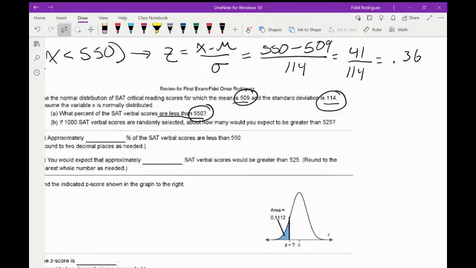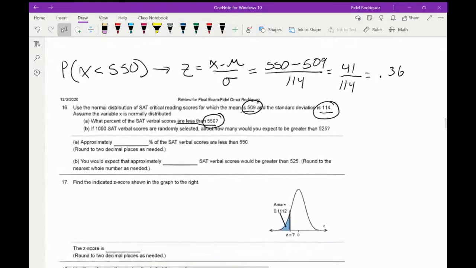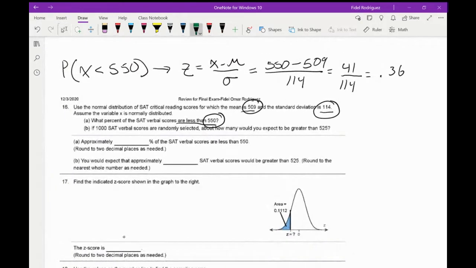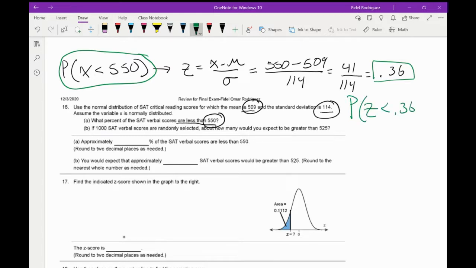The next part I'm going to do is, since we were looking for the probability that X was less than 550, and we converted this to a z-score, that's saying the same thing as the probability that Z is less than 0.36, okay? If I think about this as the normal curve, say here's 0, 0.36 is going to be right about here.